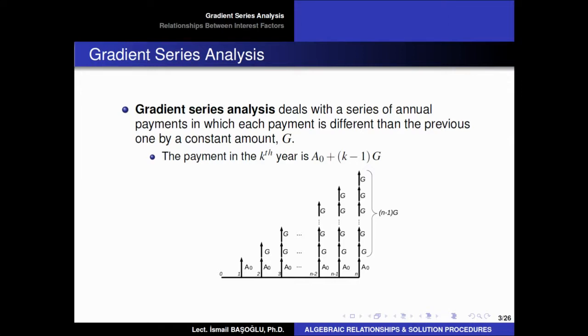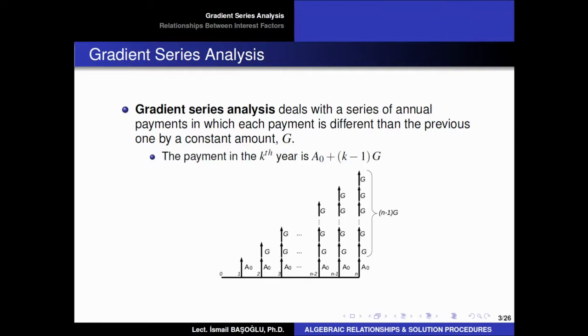So why is this practical? We have solved many questions related to uniform series in the previous week. Here we are explaining a new series, which is called gradient series. Instead of having a constant amount of payment at the end of each year, we are observing a linearly increasing cash flow structure at the end of each following year.